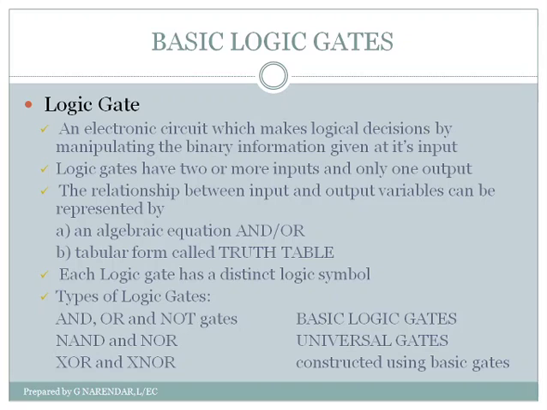So the truth table is a tabular representation of the behavior of a logic gate, and if we use Boolean algebra, then the same behavior can be represented by an algebraic equation.